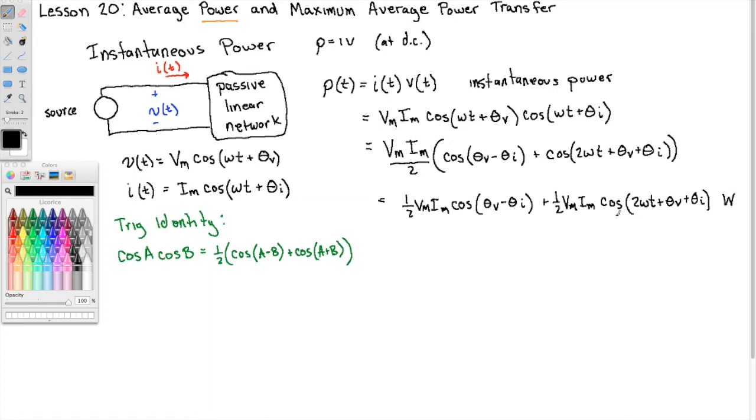Now this is interesting because there are two pieces to this. And the first piece here, you'll notice, is independent of time.